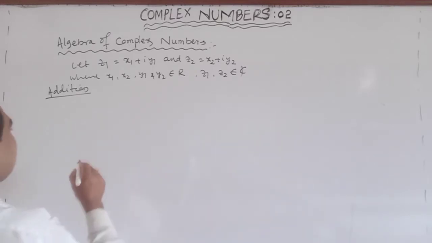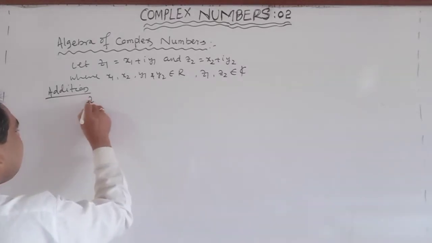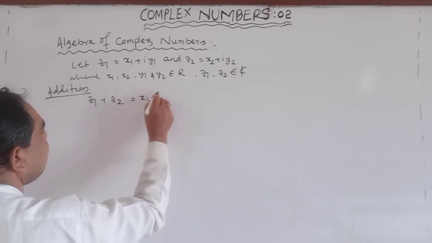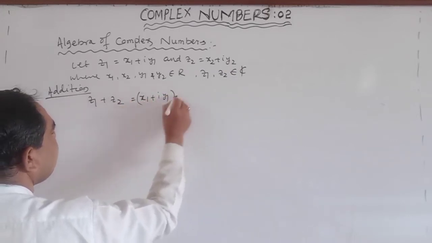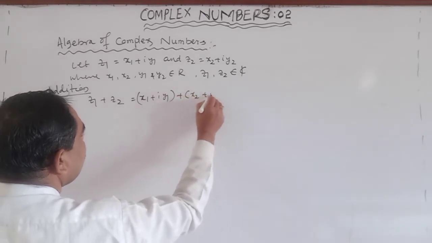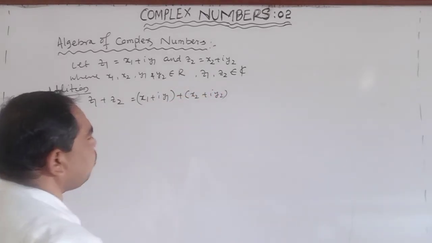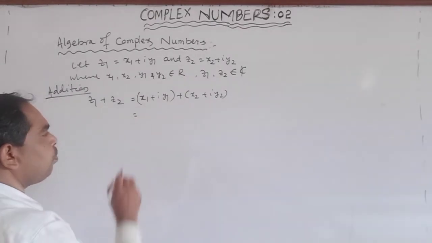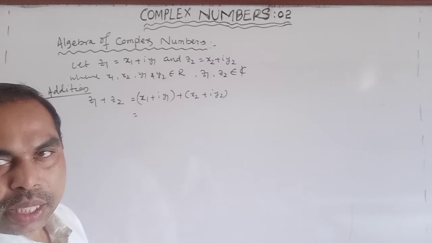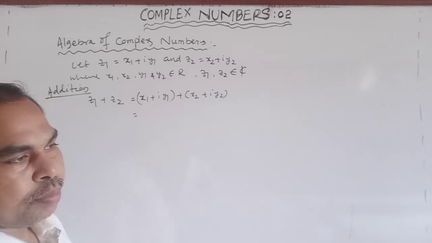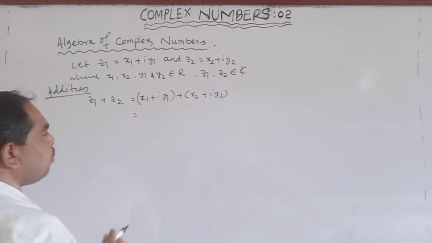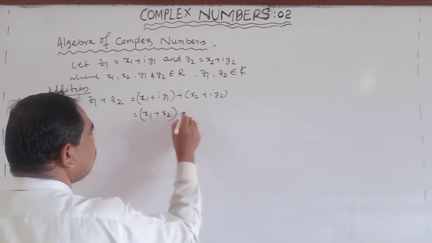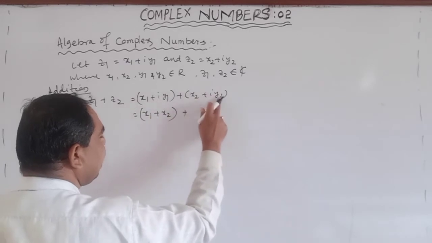Addition: z1 plus z2 is equal to x1 plus iy1 plus x2 plus iy2, so add real part with real part and imaginary part with imaginary part. So this is x1 plus x2 plus i(y1 plus y2), since i is common.